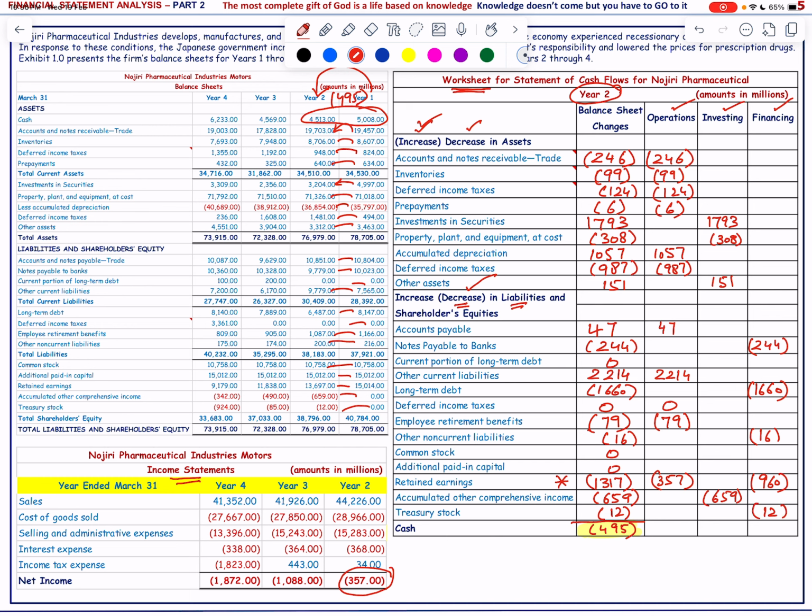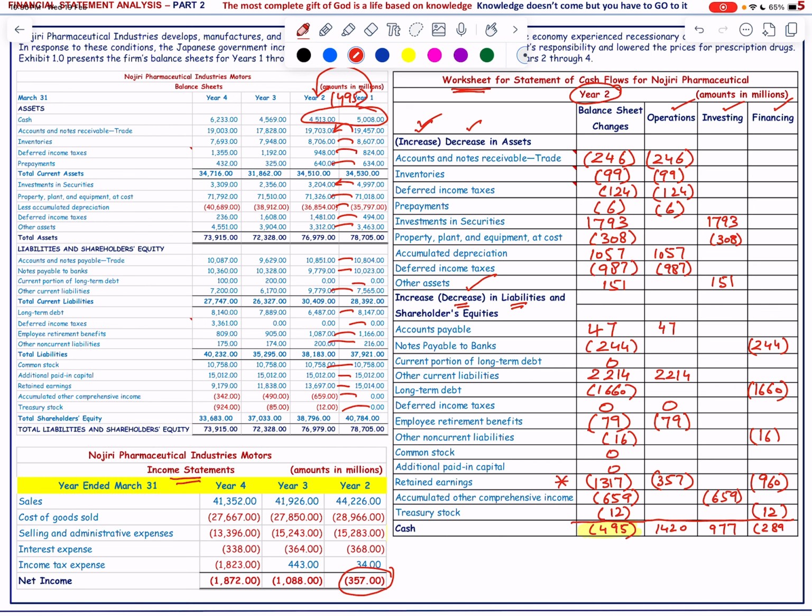Now, when you make a total of this, the total for the operation is 1420. The total for the investing is 977, and for the financing it is negative 2892.